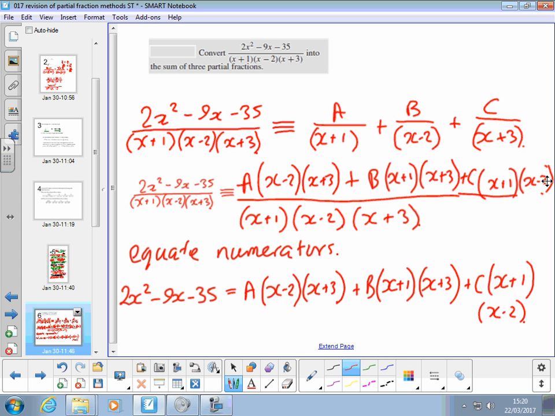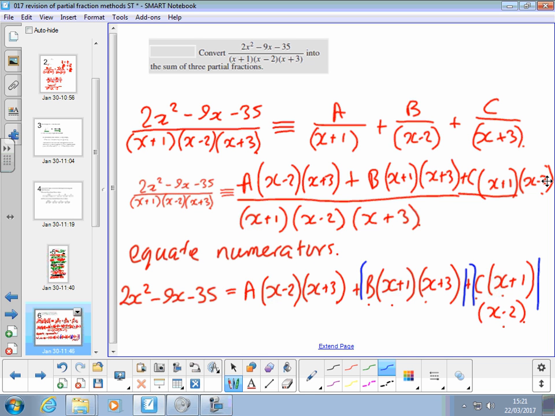Remember that these three things are multiplied together, those three things are multiplied together. What you're looking for is a term that's in both that bit and that bit, a term that's in both of them, x plus 1.